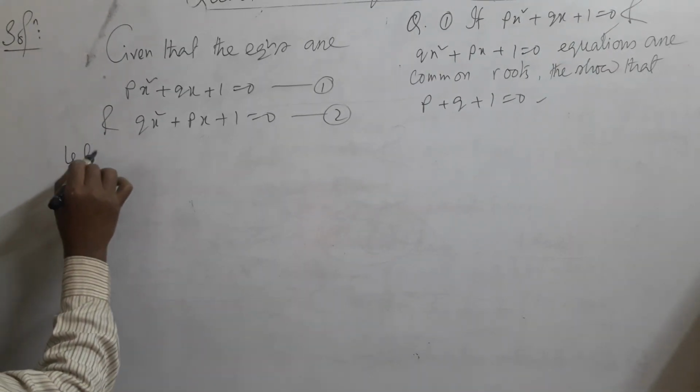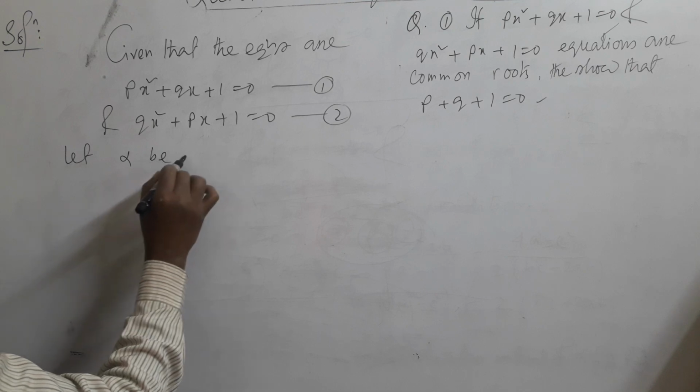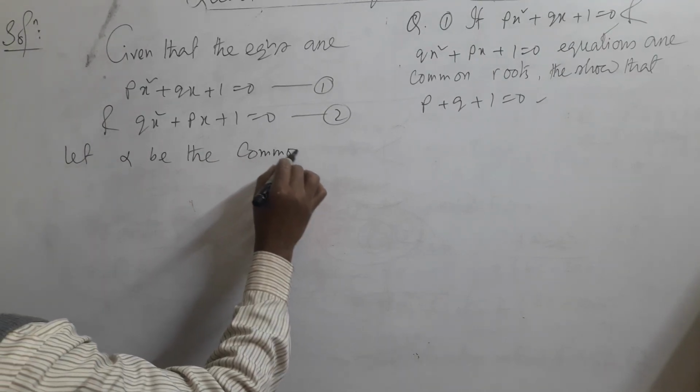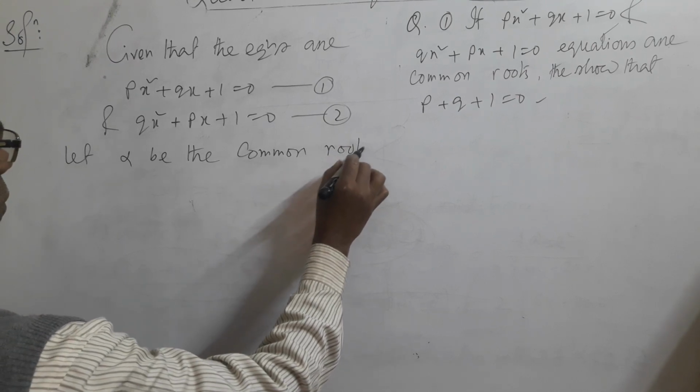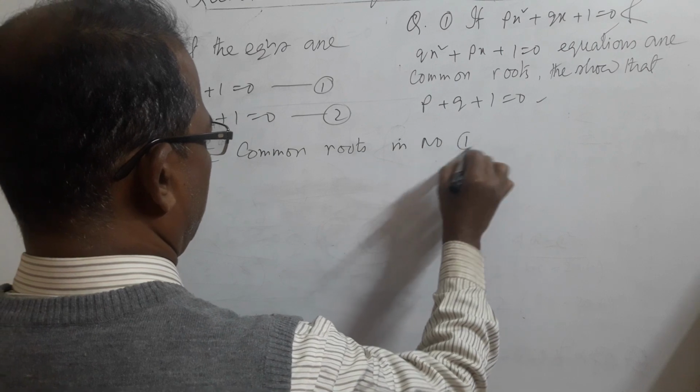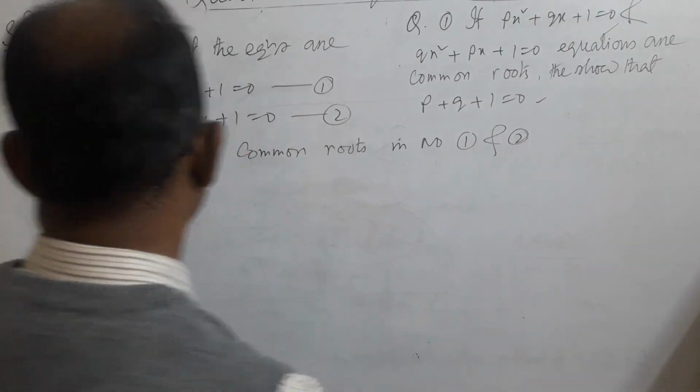Let alpha be the common root in number 1 and 2.